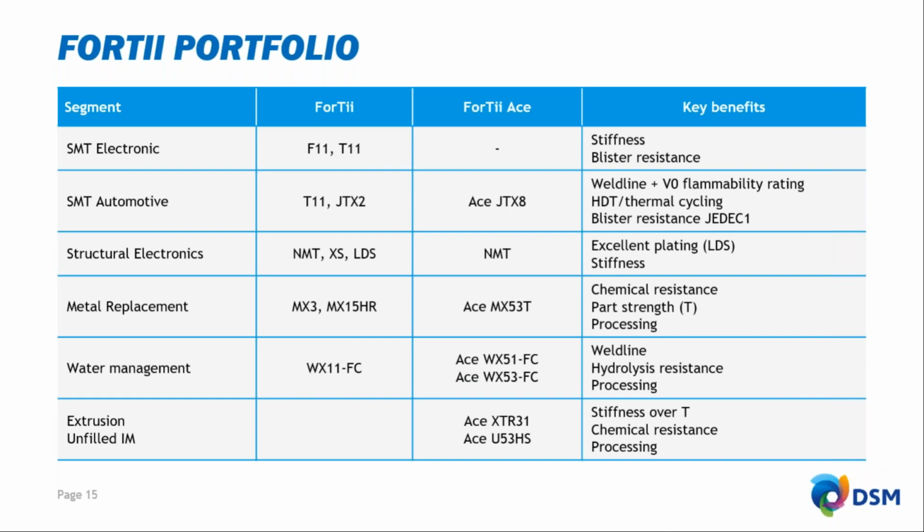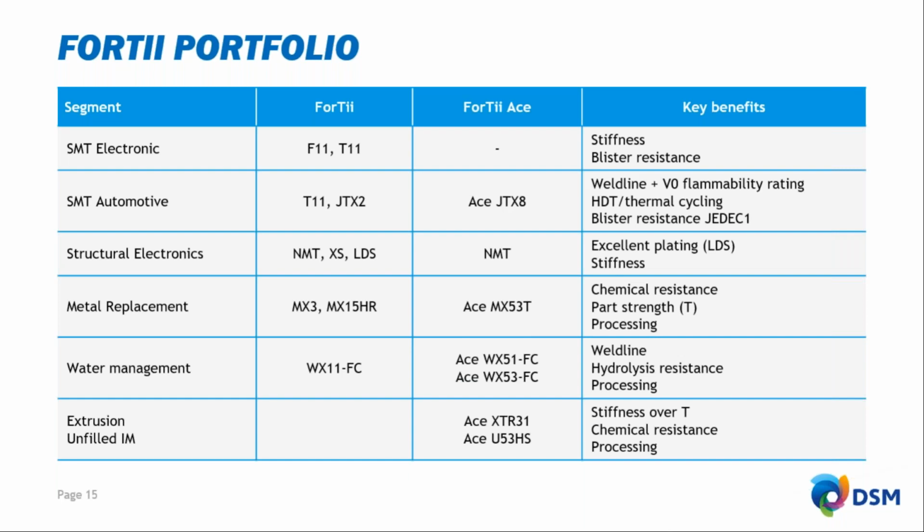The second column on the left there is the 4T materials. Those are traditionally lower temperature PPAs. The 4T ACE products have glass transition temperatures up to 150 and 160 degrees Celsius, depending upon which grade we're talking.